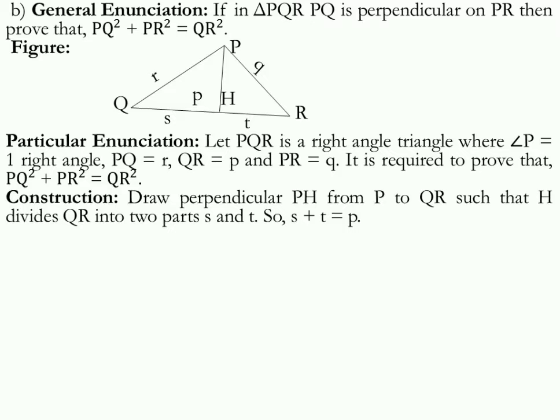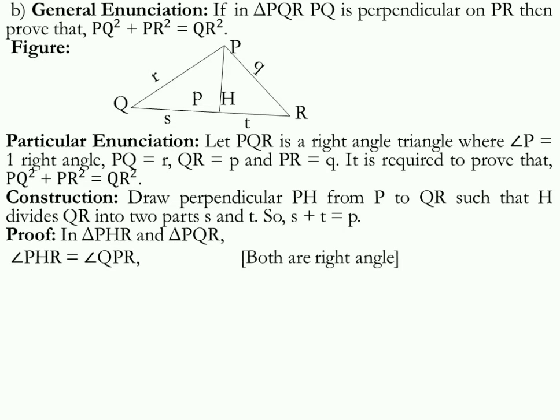Now the proof. At first, let us see in triangle PHR, because PH divides the PQR triangle into two triangles, one is PHR and another is PHQ. So let us at first see between triangle PHR and PQR.